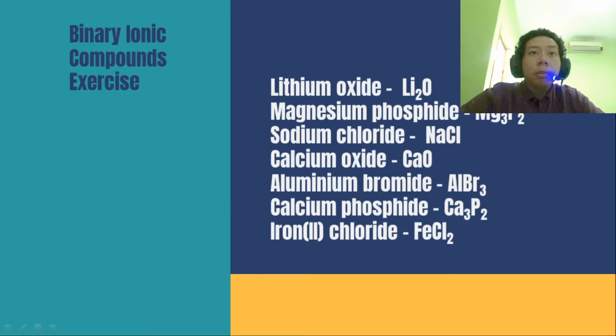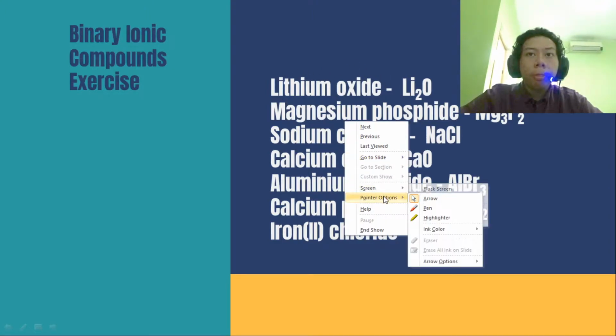Here are more examples of binary ionic compounds, and we're going to discuss it together. Okay, so the first one is lithium oxide, and we convert lithium oxide into symbol. So the first thing to do is to know each symbol and the net charge of each element.